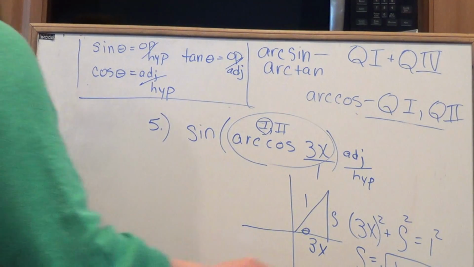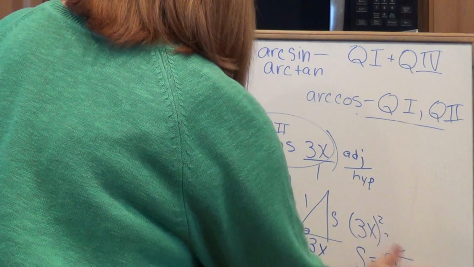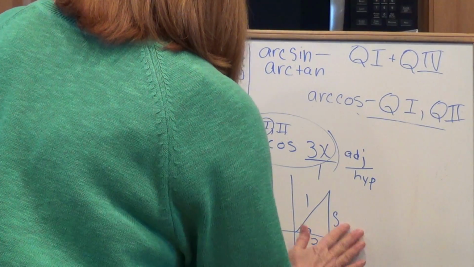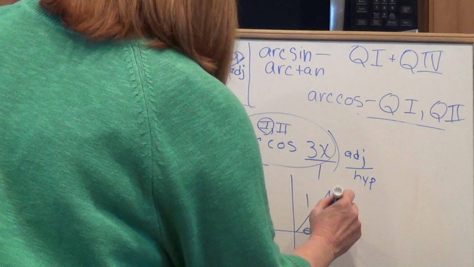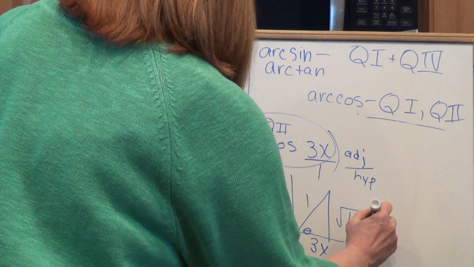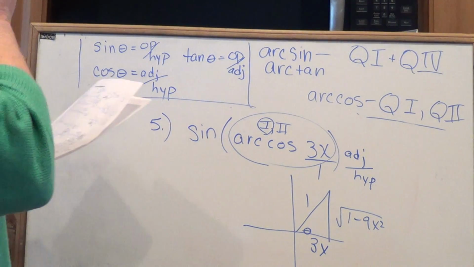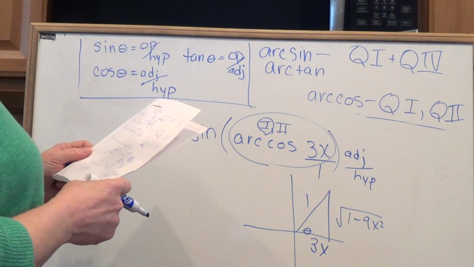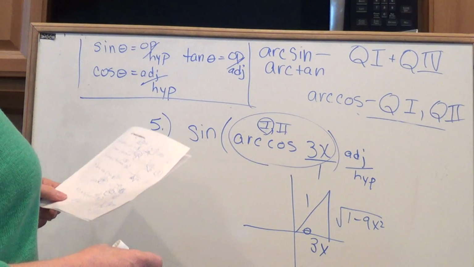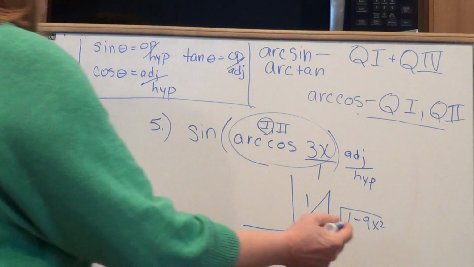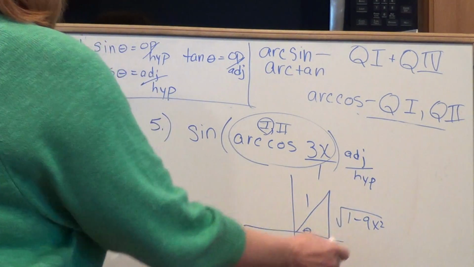So allow me to erase that work so it's not so cluttered, and put an answer in right here. Square root of 1 minus 9x squared is that side. You can see that that one doesn't come out real nice and neat, but that's not the end of the world. We're okay with that.